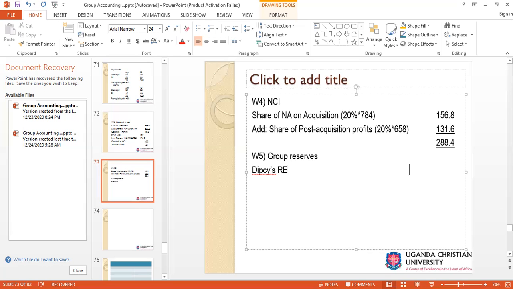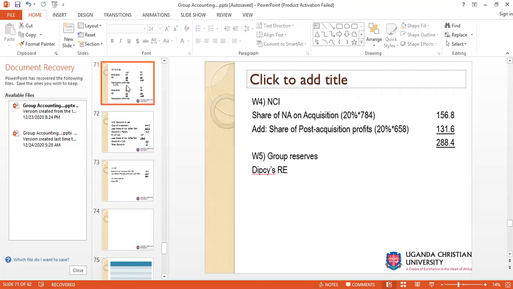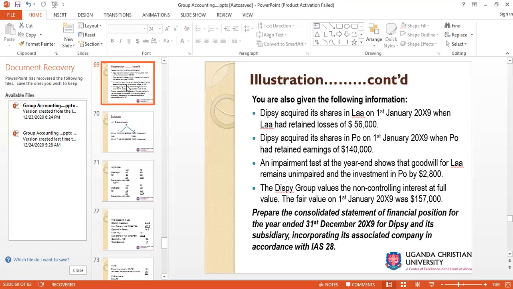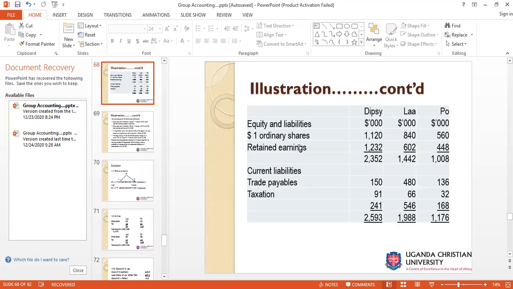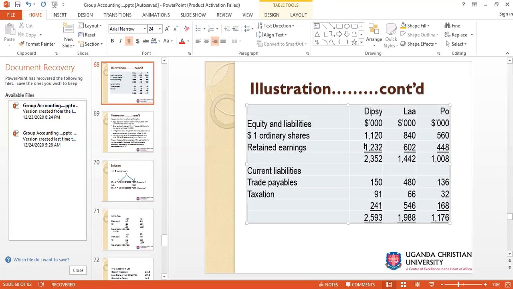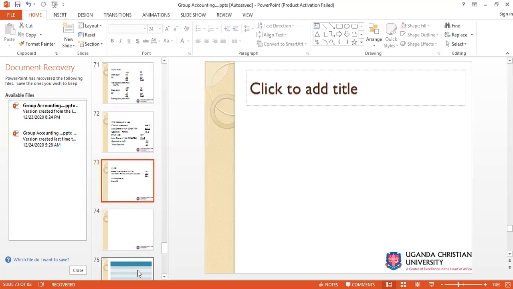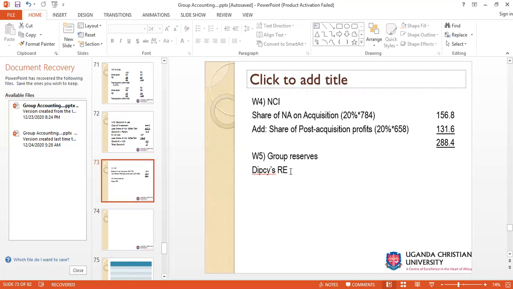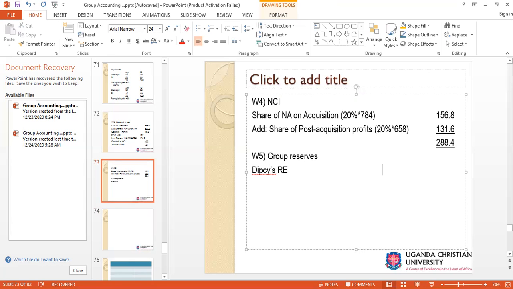DIPSE's retained earnings from our balance sheet is 1232.